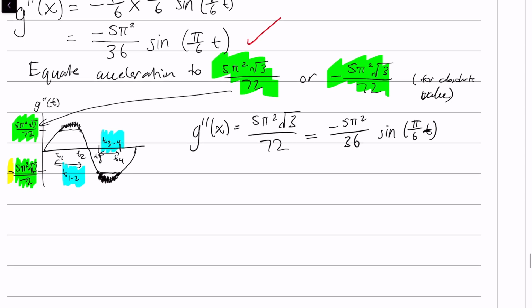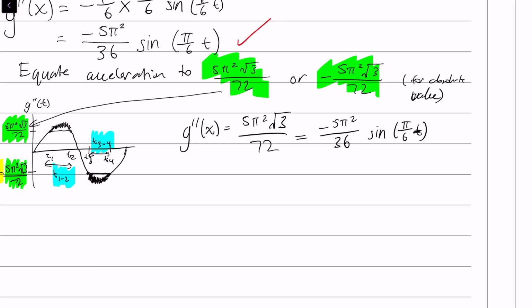Okay, and we have to get t on its own. So what I would do is get rid of the 5 pi squared because that's common on both of them. So I can essentially divide by 5 pi squared on both sides.